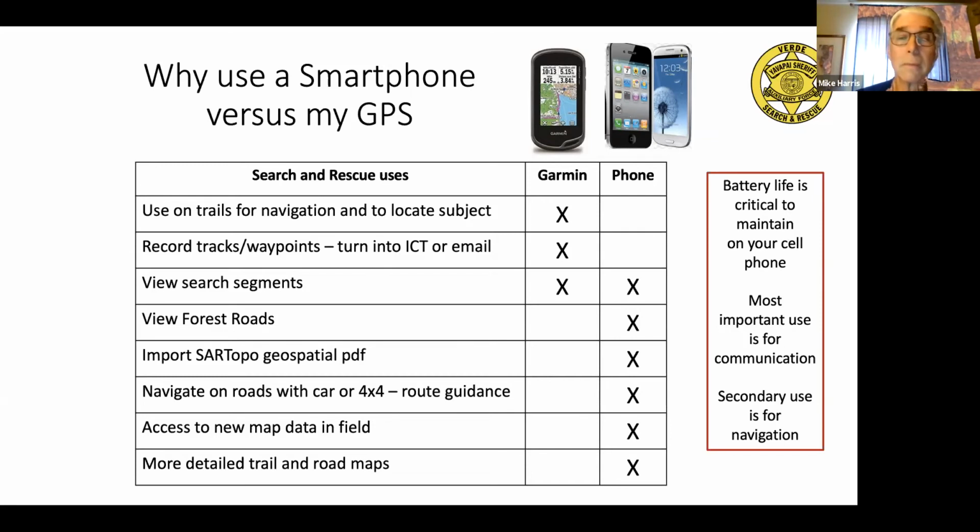But the main gist of this is the Garmin GPS will still be our primary unit for the basics, but it is the basics because smartphones can do so much more. We can't transfer to ICT yet with our smartphone. GPS will last a long time. So it's like a tool for each time, and you have to determine what your circumstances are.